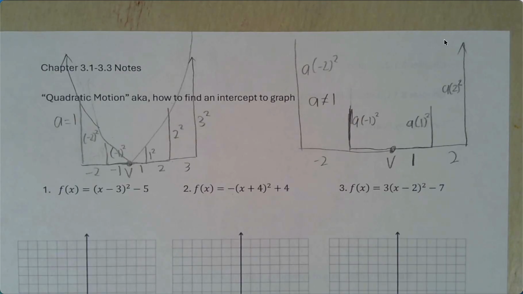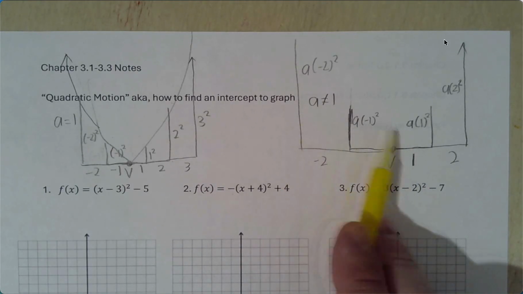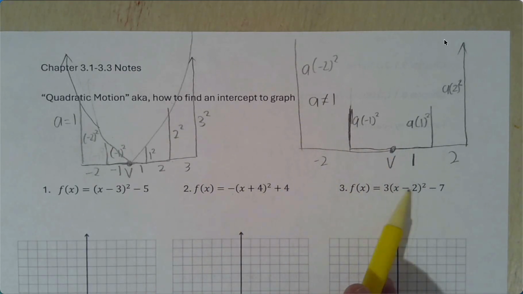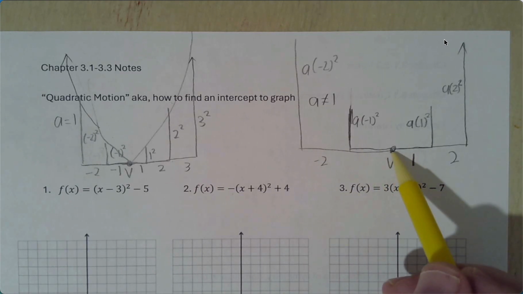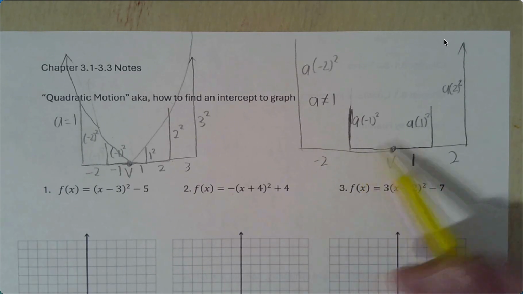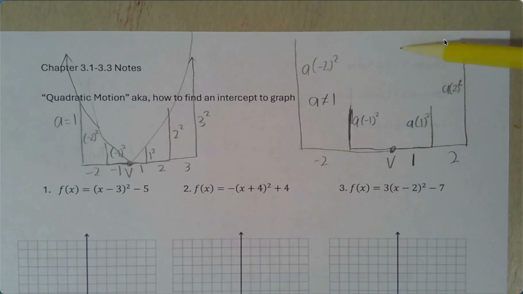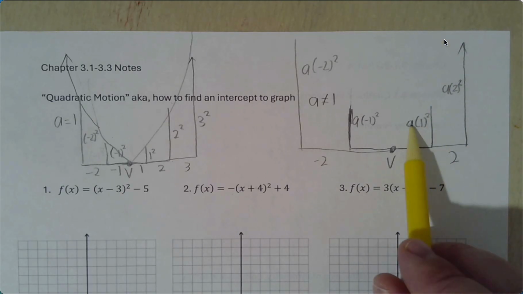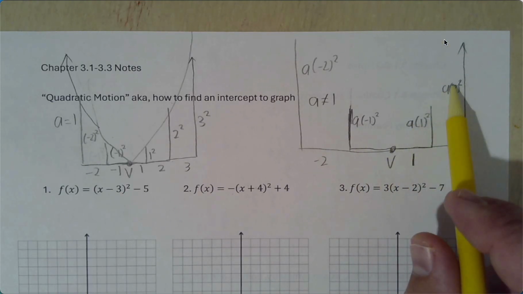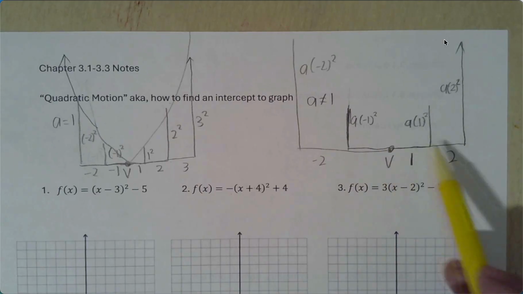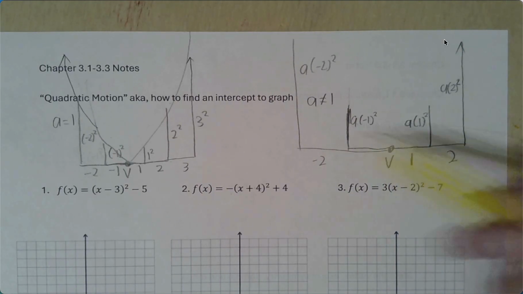So hopefully, again, that idea makes sense that this is a quadratic. It squares things in its formula. So when you move right or left from the vertex, that amount gets squared as vertical motion. And if there is a number out front, a, you multiply that after you've squared the left or right motion, so to speak.